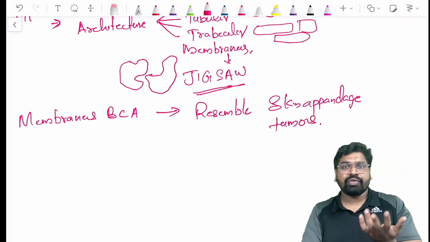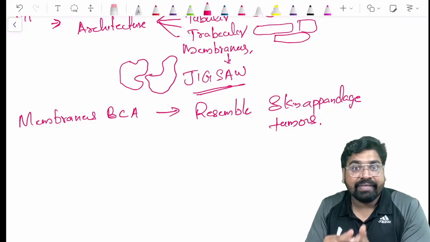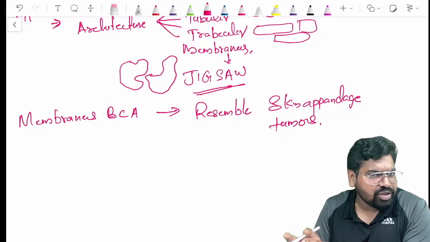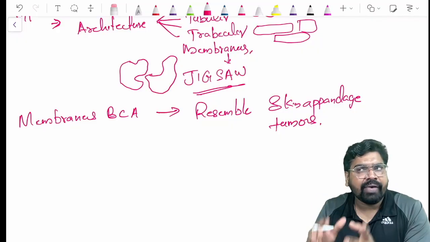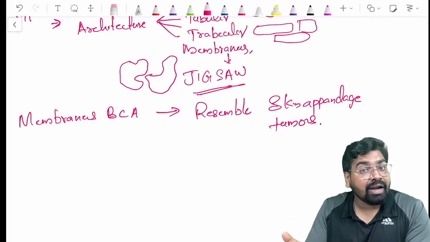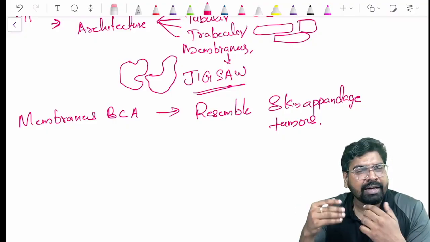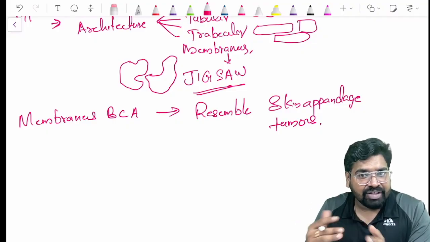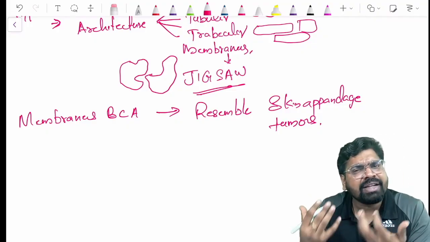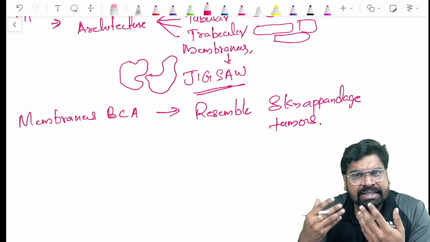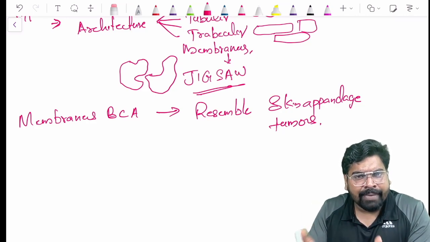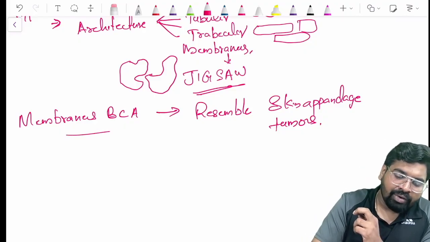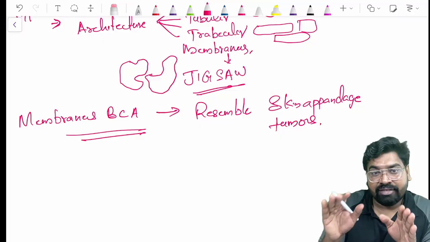So they can ask you a question: which among the following salivary gland tumors resembles a skin appendage tumor? Or a dermal analog tumor? Or which shows a dermal cylindroma? So that is a relation. It looks like a dermal cylindroma, a skin appendage tumor. All these are your membranous basal cell adenoma.